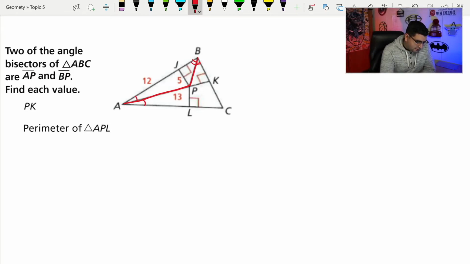Alright. So it wants us to find each of these values. The other thing that we know about point P, our incenter, is that from point P to each of the sides, those are all going to be the same length. So JP, KP, and LP are all the same length.